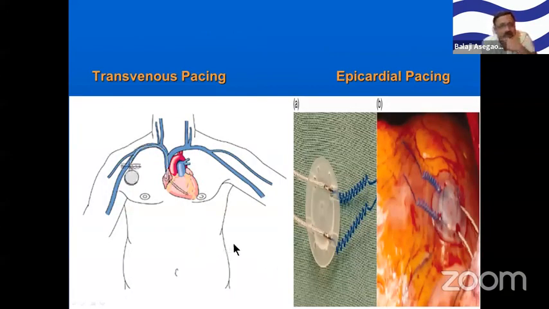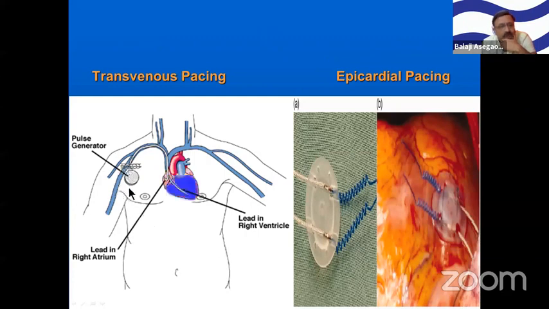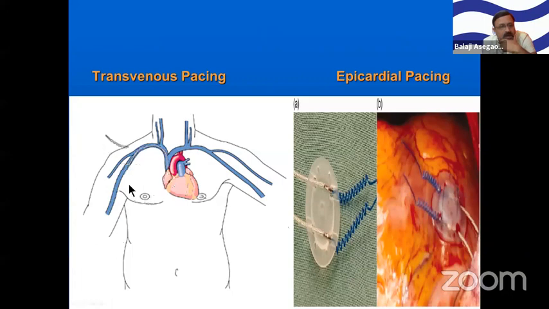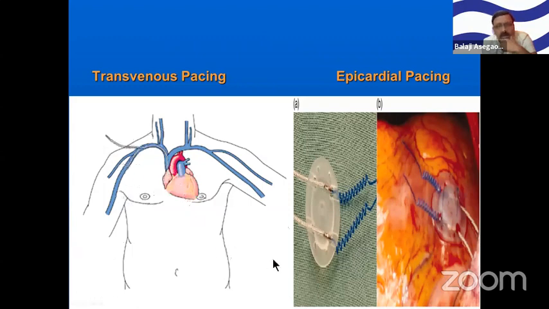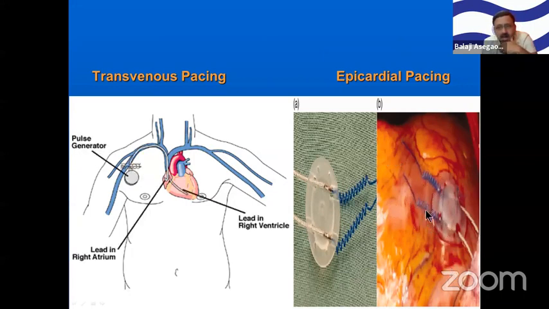One is transvenous, which we use most, for temporary or even permanent pacing. Through venous access, we put electrodes into the heart and govern them from outside. But in cardiac surgery, we also place epicardial pacing, where we directly put electrodes over the heart and govern them from the outside.